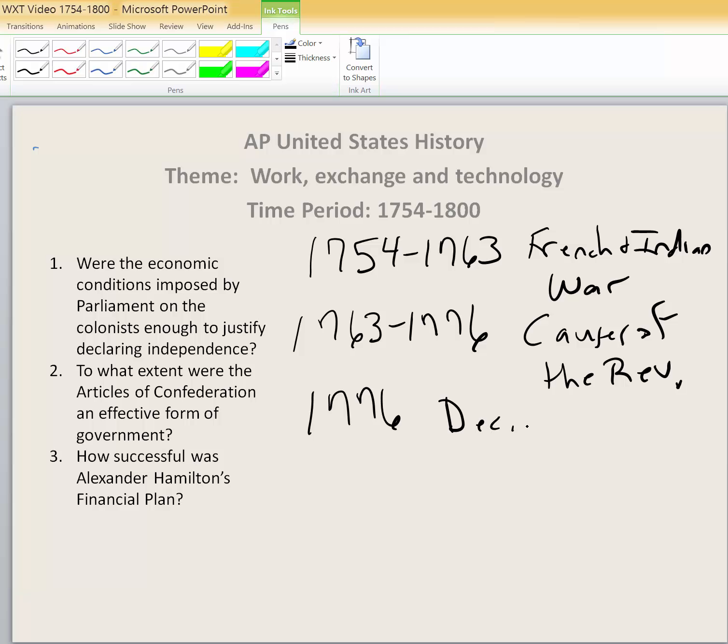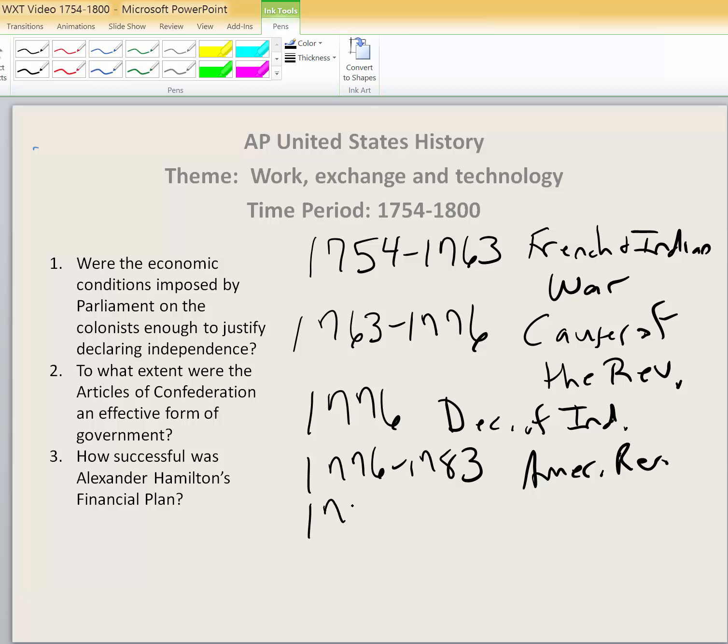1776 is our Declaration of Independence. 1776 to 1783 is the American Revolution. Then I'm going to overlap a little bit. 1781 to 1789. Now let's make that 1787, I apologize.